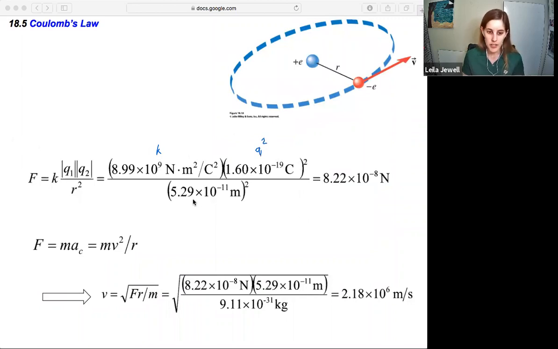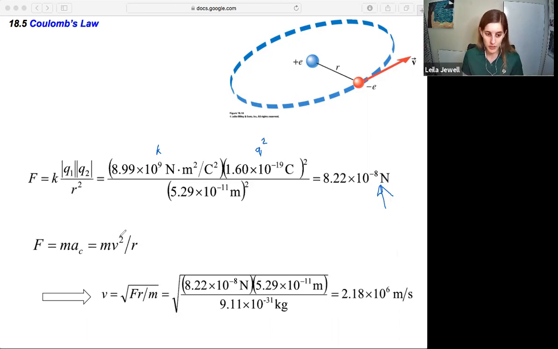And then divide by the distance between them, squared. So that comes out to a force, and what are the units of force? They are newtons. So we'll keep those units there. Then we note that that's the only force acting on our electron. So that force is equal to ma, where the a is the centripetal acceleration, v squared over r.